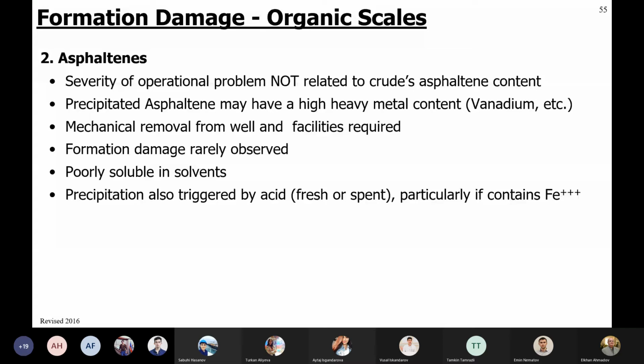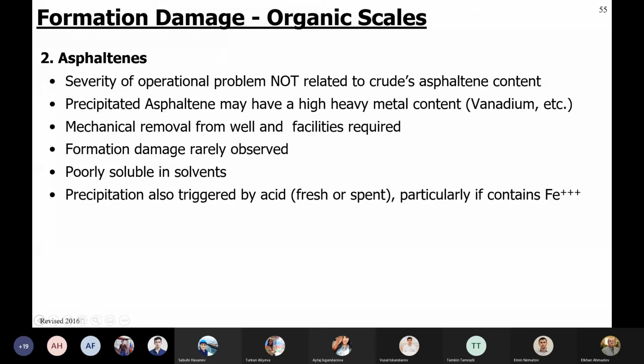It might precipitate and aggregate with time. So because of its cumulative effect, even a small asphaltene content of the crude oil may cause some blockages in the flow path.